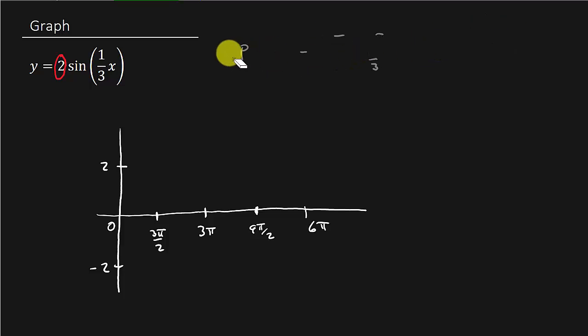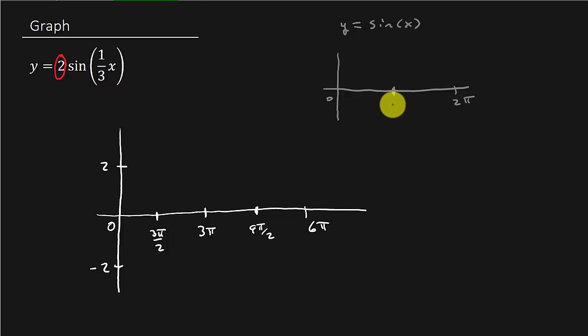So now, before we draw the graph, let's come over here to the side and let me show you this. To me, this is the easiest way to graph trig functions. Let's just look at y equals the sine of x. You've got to just know the basic graph of sine x. So sine x has a period of 2 pi. It repeats every 2 pi. So we're going to go from 0 to 2 pi.